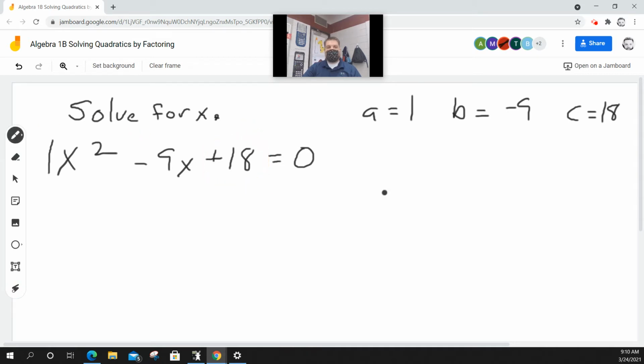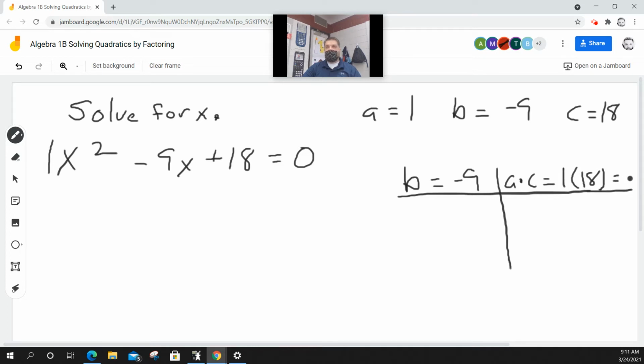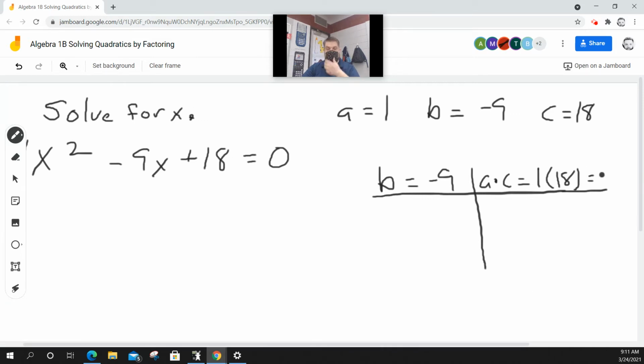And what we've been doing when we do the guess and check is we're saying, okay, what two numbers can I add up to equal negative 9, but when I multiply them, they equal a times c, or 1 times 18, which is actually 18.